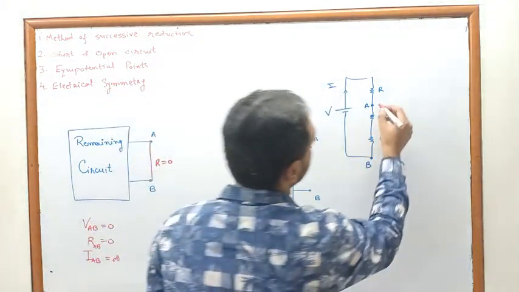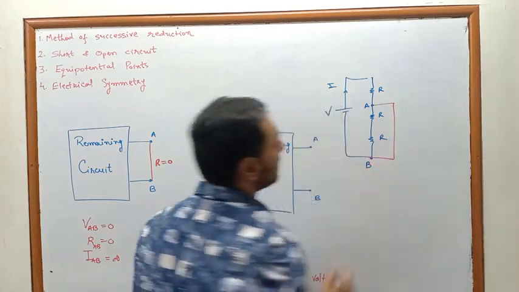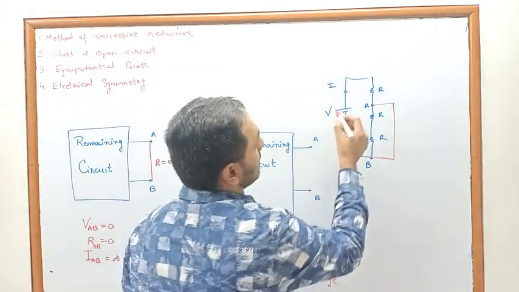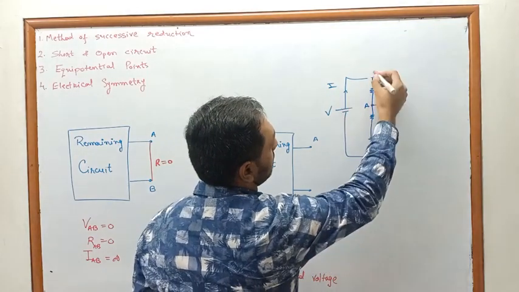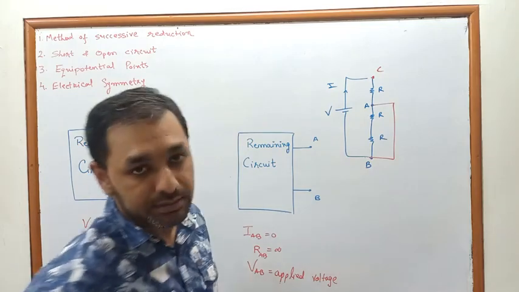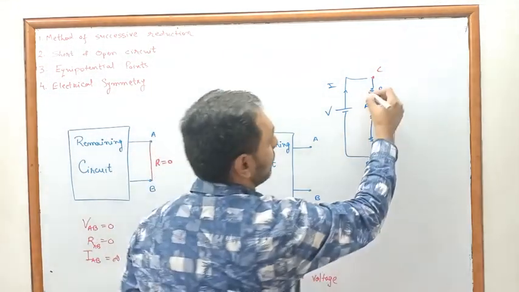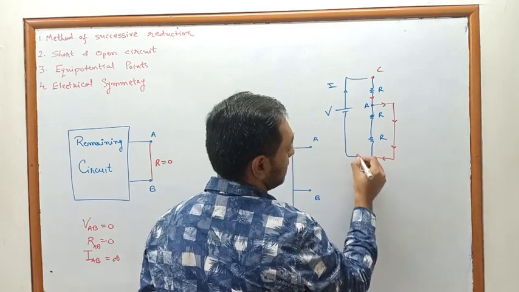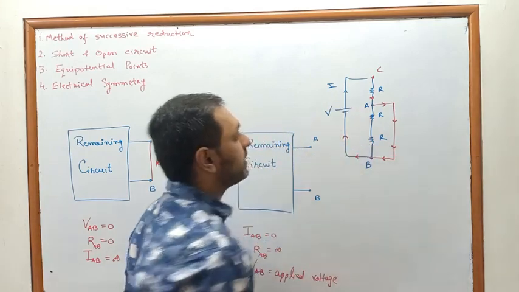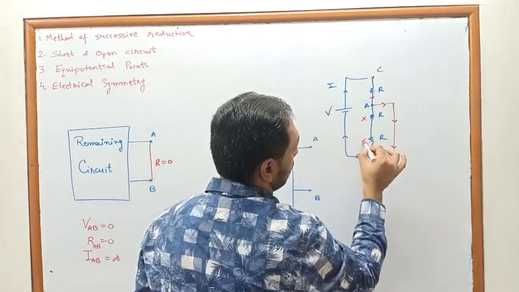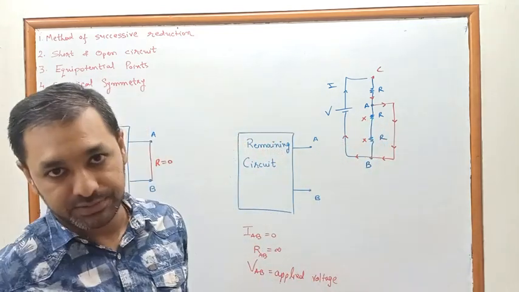So over here, if I short circuit A and B, what will happen? Current will flow through this point C to R, and then from R it will go through this path and complete its circuit. It means there will be no current in these two resistors.